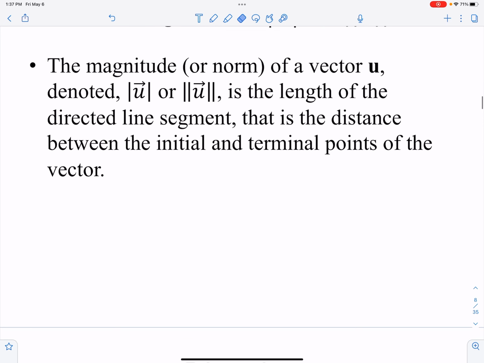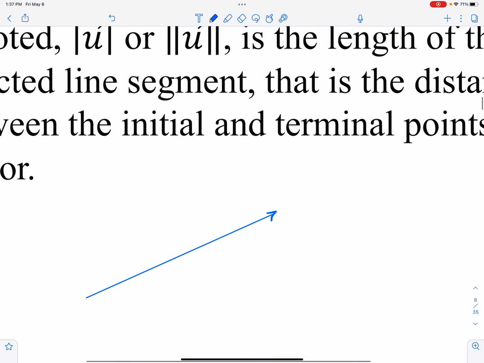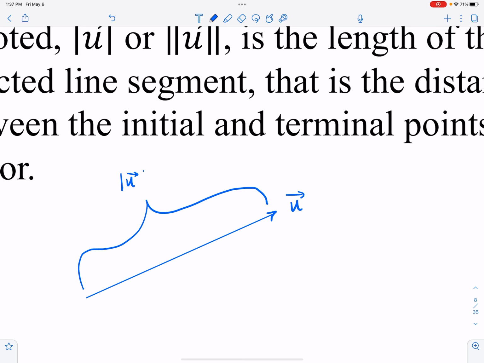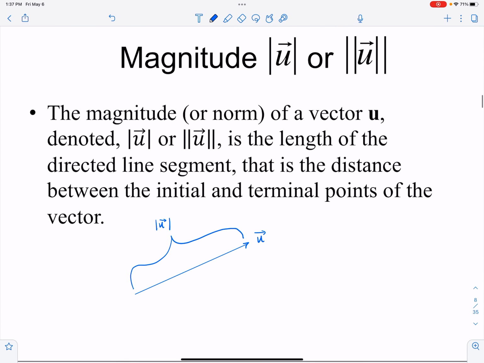If we have a vector, which I'll name u, let's say this is the vector u. The length of u from tail to tip, or tail to head, would represent the magnitude of u, or the norm of u.